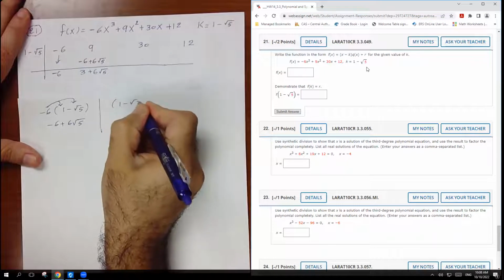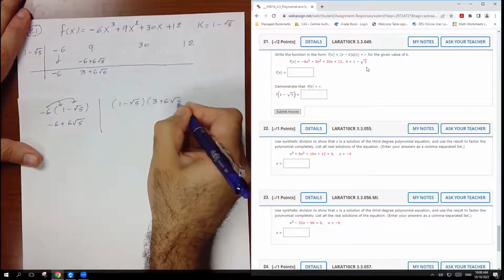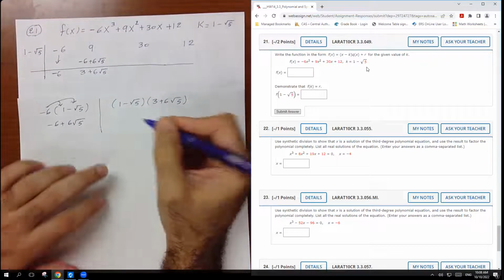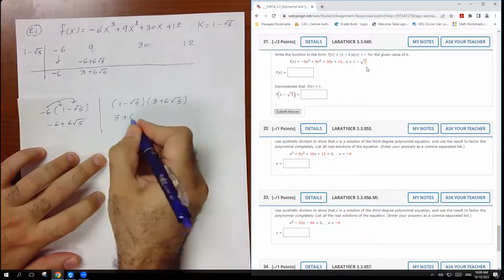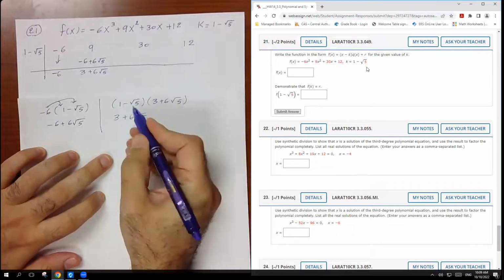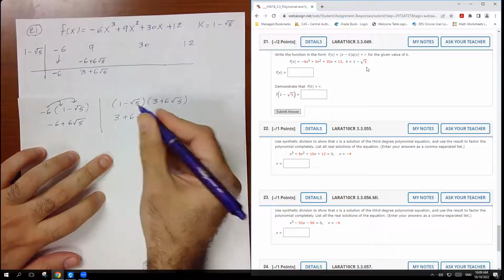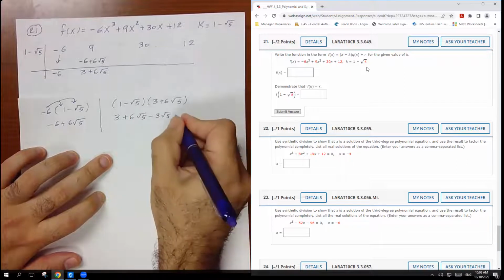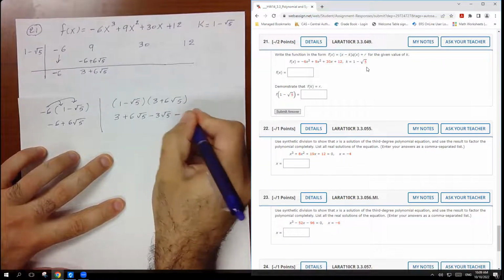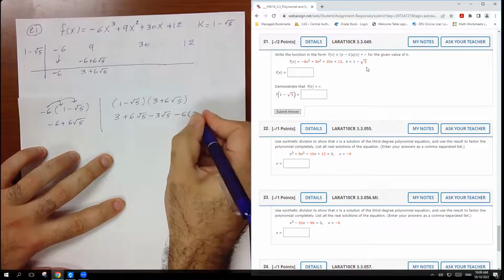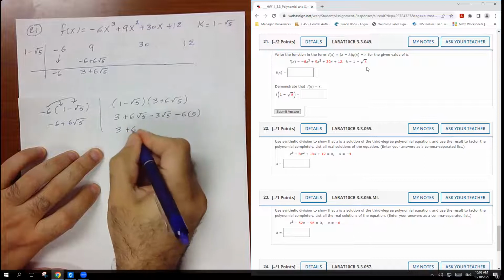So 1 minus square root of 5 times 3 plus 6 square root of 5. In this case, you have to distribute. 1 times 3 is going to be 3. 1 times 6 square root of 5 is going to be plus 6 square root of 5. Now square root of 5 times 3 is going to be minus 3 square root of 5. Square root of 5 times 6 square root of 5 is going to be minus 6, and square root of 5 times square root of 5 is going to be 5. I'm not going to combine the terms now.